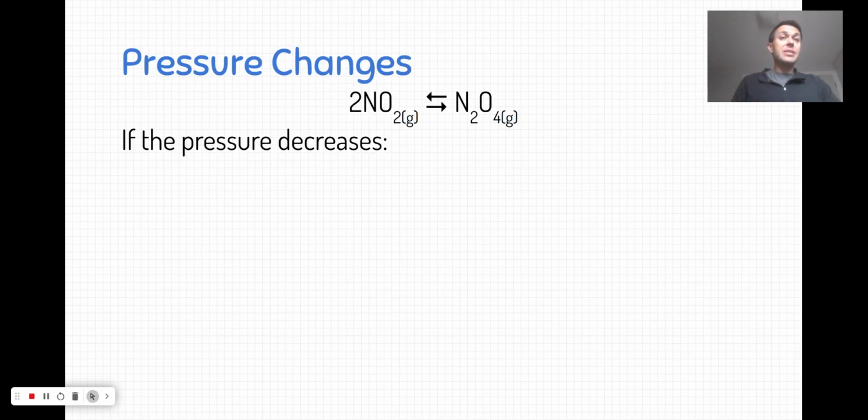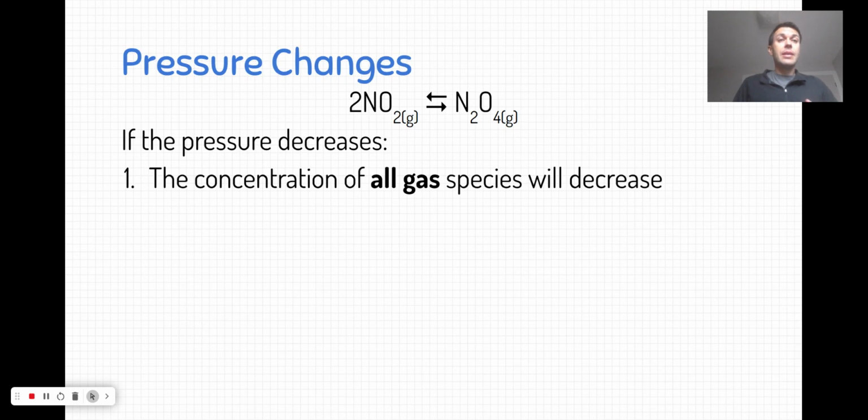If we decrease the pressure on this same system at equilibrium, that will immediately decrease the concentration of all gas species. Decreasing the pressure will be caused by an increase in volume. So there will be the same number of gas particles in a larger volume, decreasing their concentrations.